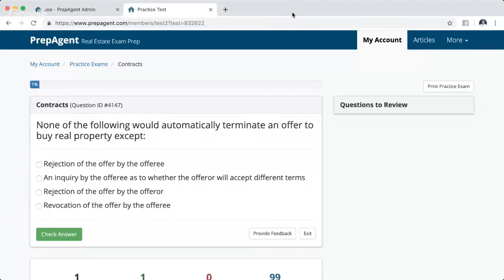Right. None of the following would automatically terminate an offer to buy real property except A, rejection of the offer by the offeree, B, an inquiry by the offeree as to whether the offeror will accept different terms, C, rejection of the offer by the offeror, or D, revocation of the offer by the offeree.